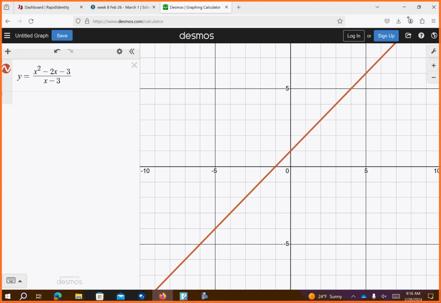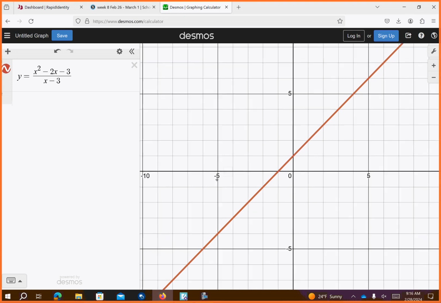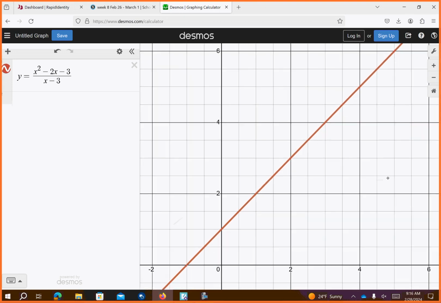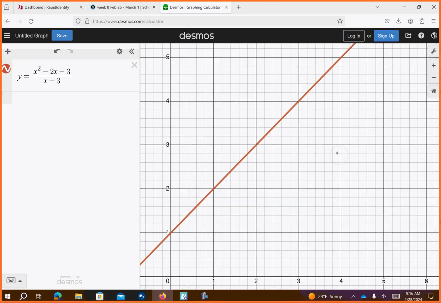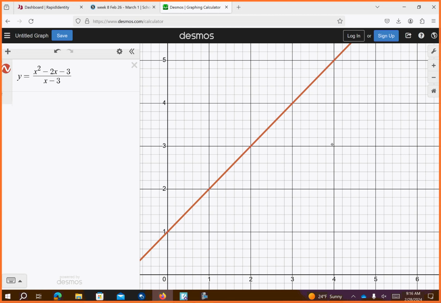So let me zoom in further so I can get all my numbers in here. Okay. So my limit, here's my 3 down here. So I want to know, what am I getting to as I get to right there?